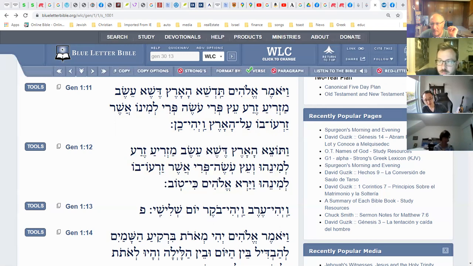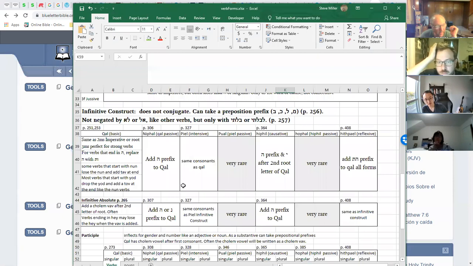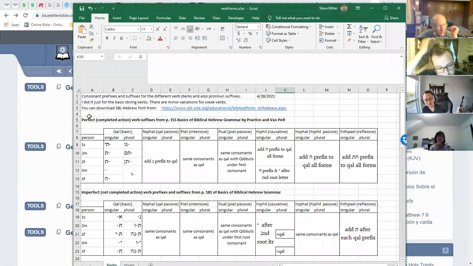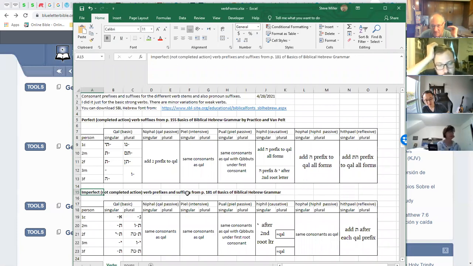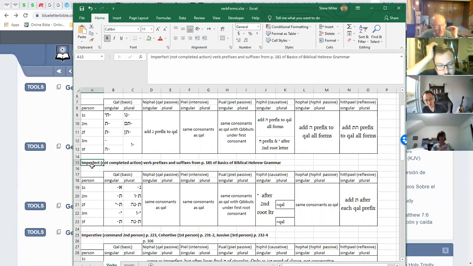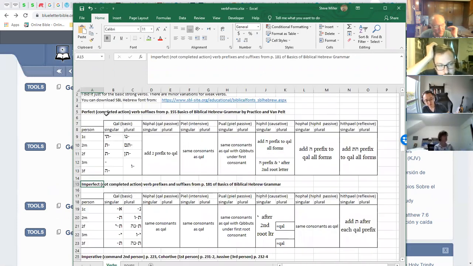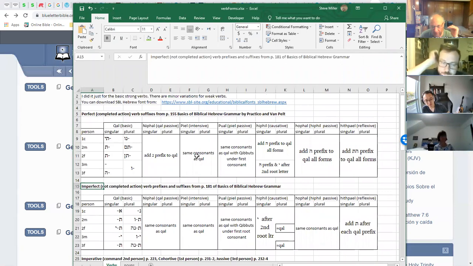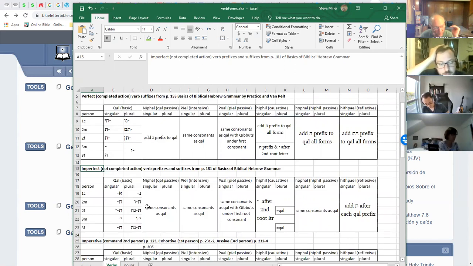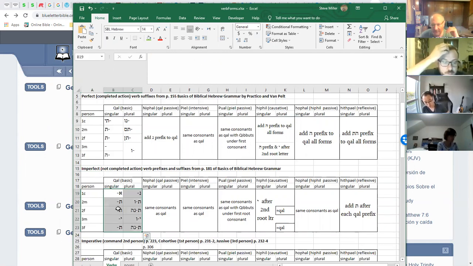The most important part of this verb sheet is the beginning, the perfect and the imperfect, because those are the most common forms. The perfect is the three-letter root with these suffixes on it. The imperfect is the three-letter root with some prefixes on it, and in some cases also a suffix.